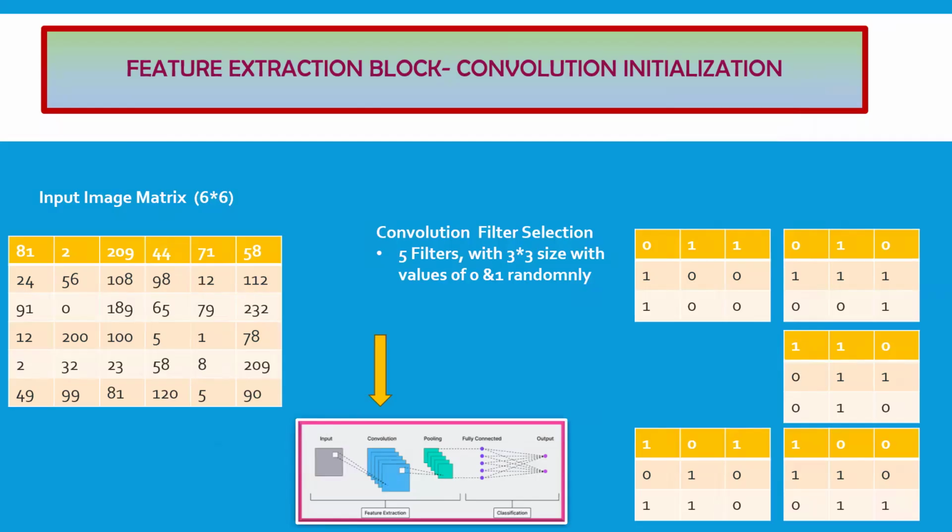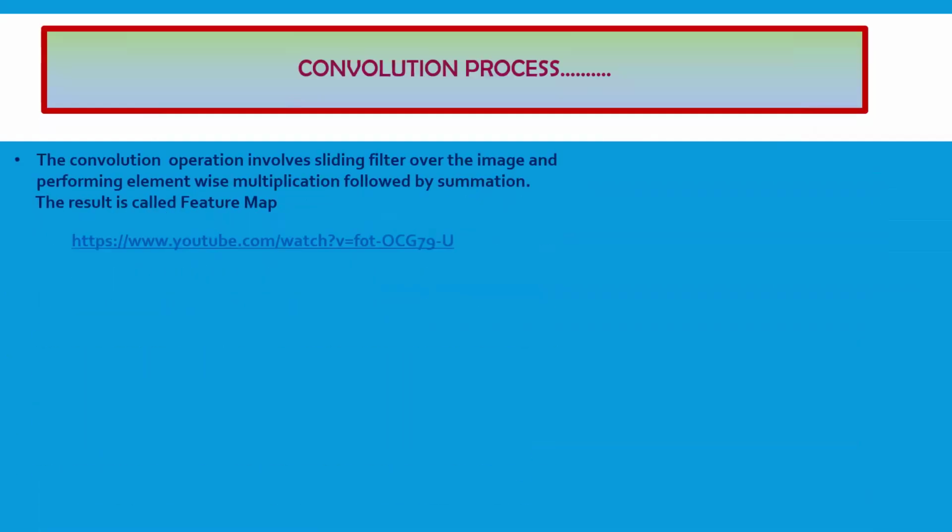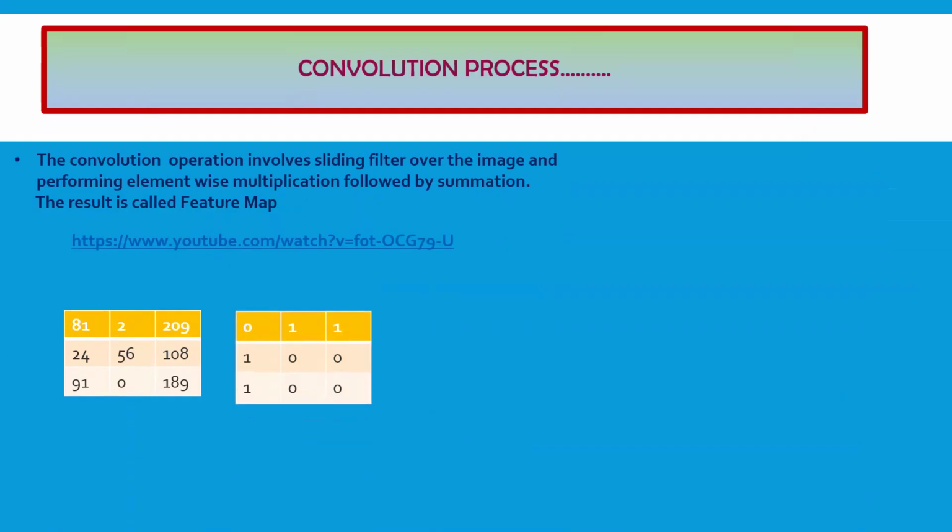So yeah, here we take the first top 3x3 picture. We can see here. So we will be starting our convolution. We are going to take our first 3x3 portion of the input image and apply the filter. So we multiply each element one by one.